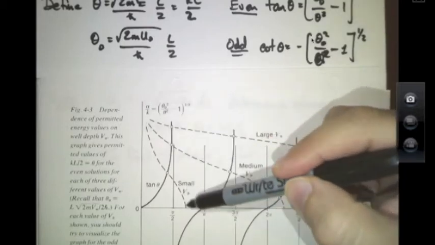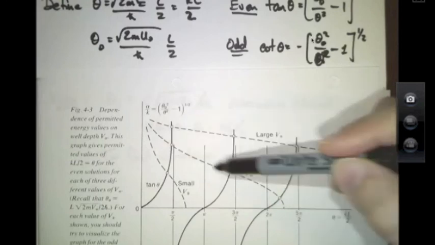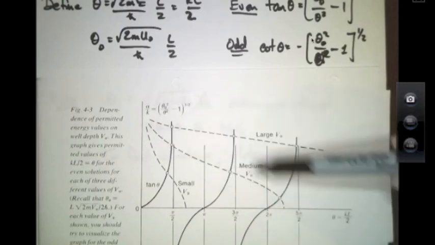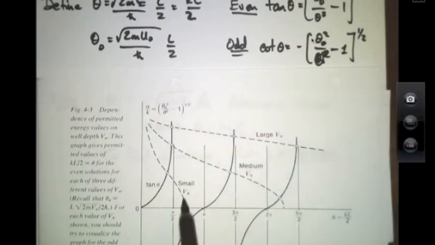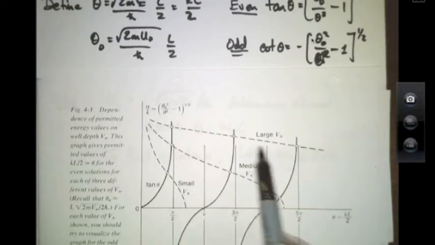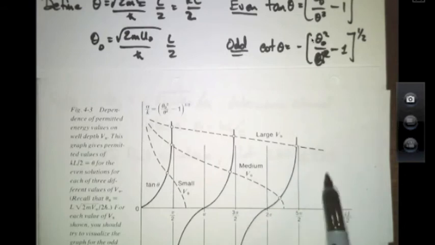These functions are diving to 0 at some location, and it depends on the size of this potential. Here it's written V naught, but you should think of it as U naught, the maximum potential. So for small U naught, it dives to 0 rather quickly. For medium U naught, it dives to 0 rather later, and for large U naught, it dives to 0 way off to the right.